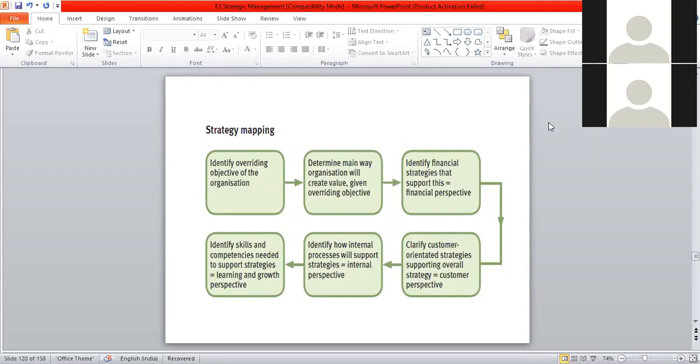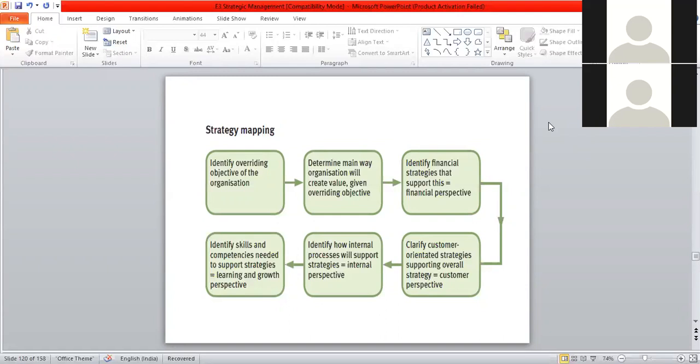The next one is internal business process. What does it take care of? Internal business process takes care of the way the setup is there for the activities. How safe is the environment in the organization? Is it prone to accidents?